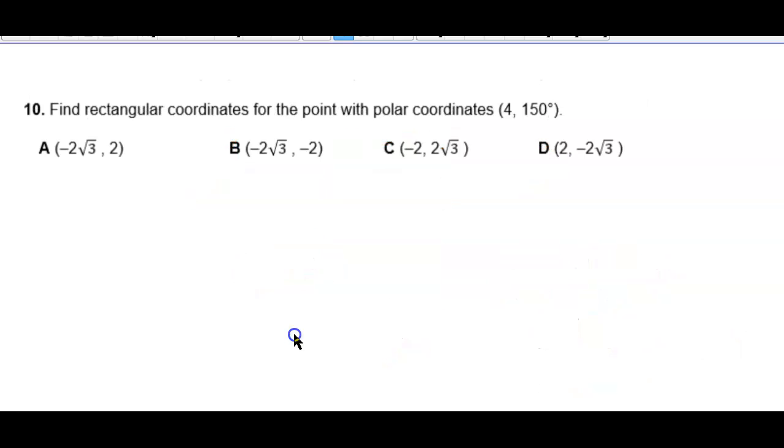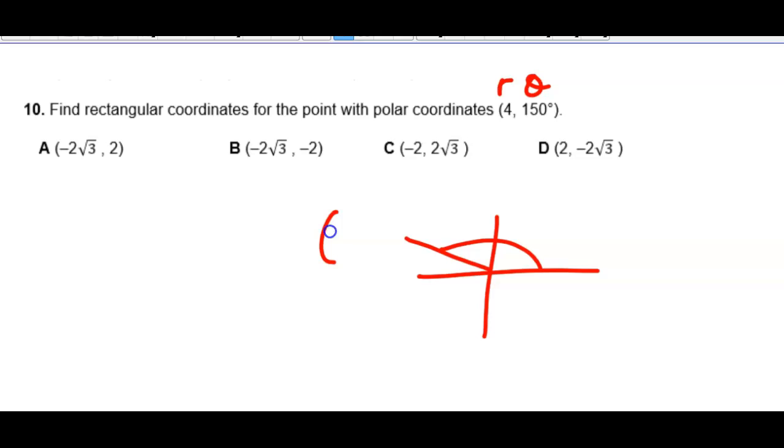Find the rectangular coordinates. Oh, this is an r and this is a theta, and it happens to be in degrees. But if we go around to 150, the ordered pair is negative square root of 3 over 2 and 1/2. So there's the cosine and the sine.